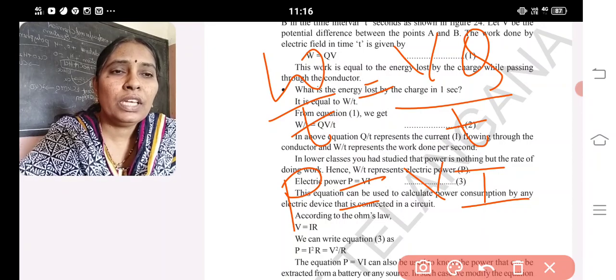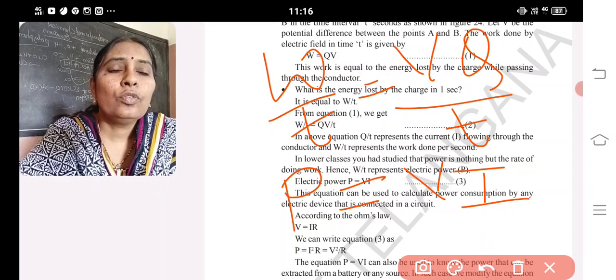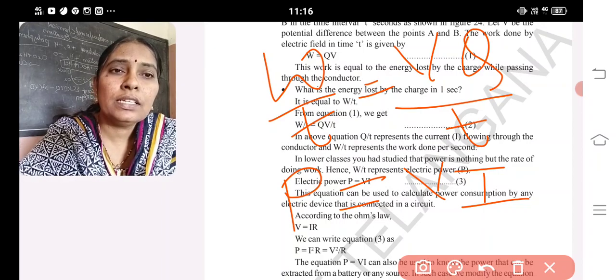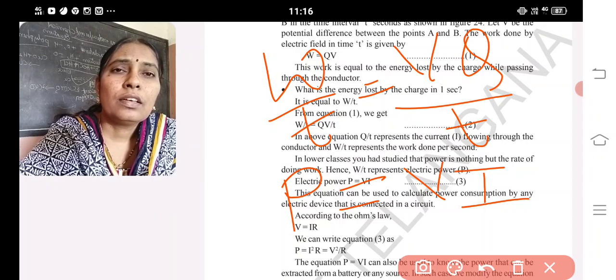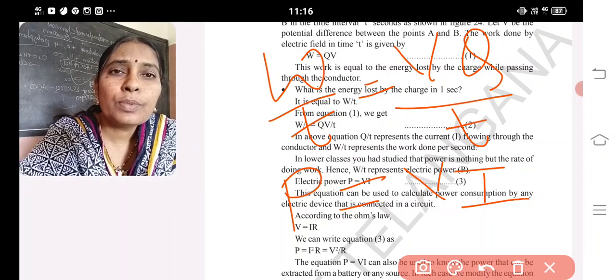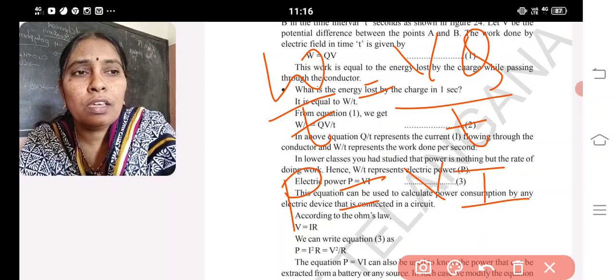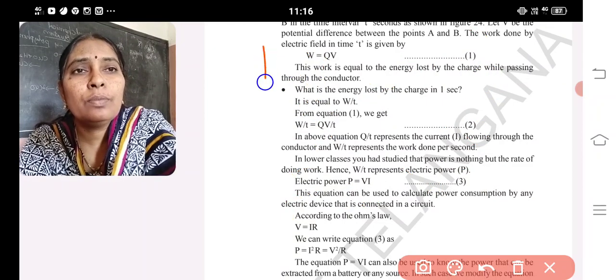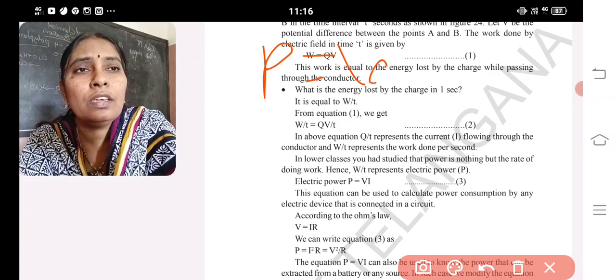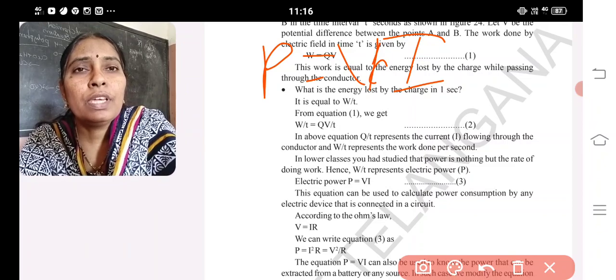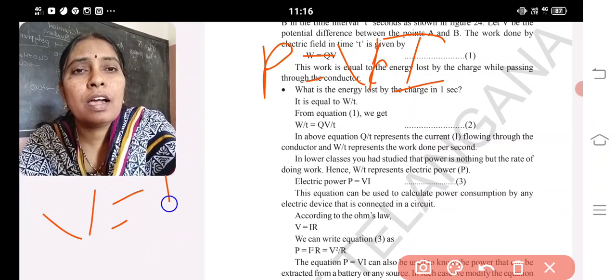P is equal to V into I. And you know from Ohm's law what is V? V is IR. So substitute the value of V here. We know that P is equal to VI, but from Ohm's law V is nothing but IR.